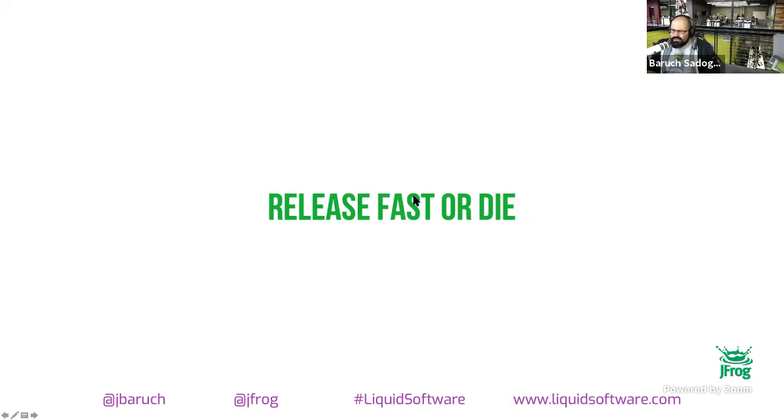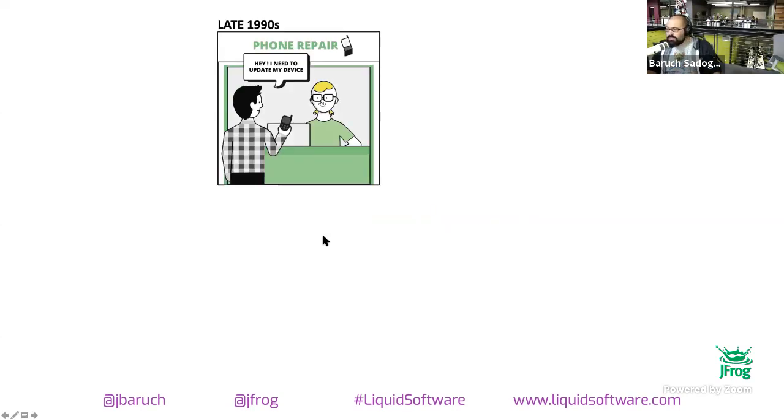Let's talk about why that is. Let's talk about three drivers for liquid software and continuous updates that we see today. The first is the experience and desires of our customers. The majority of us are in for-profit business, and those who are not still have customer or user or people satisfaction in mind.